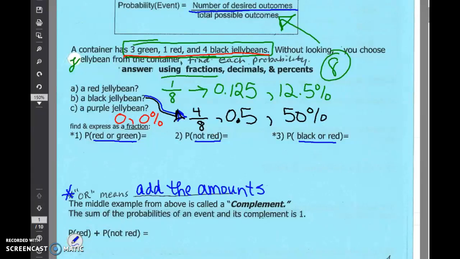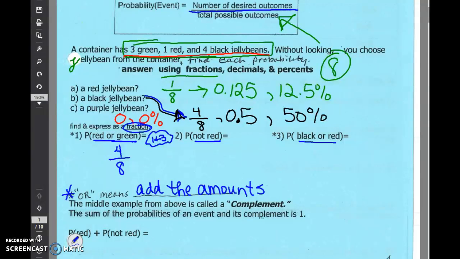So in order to find the probability of red or green, we're going to add the red jelly beans plus the green jelly beans. So my little brain cloud would be to have red, there was 1, green, there were 3, so our probability is 4/8.